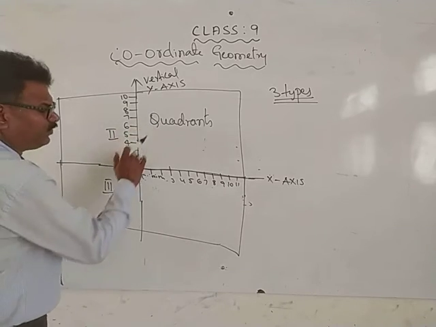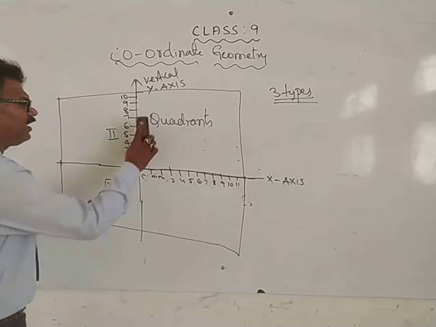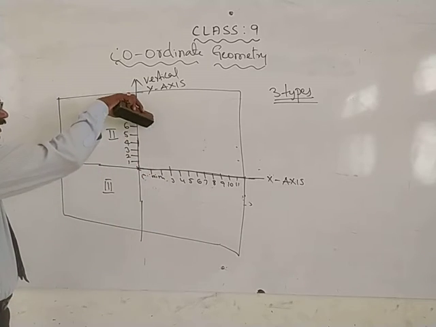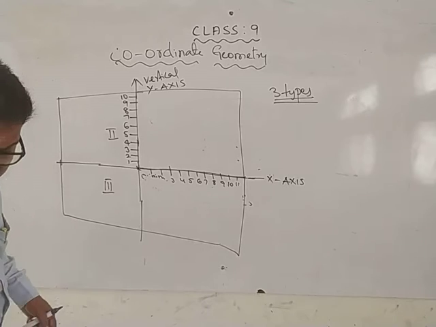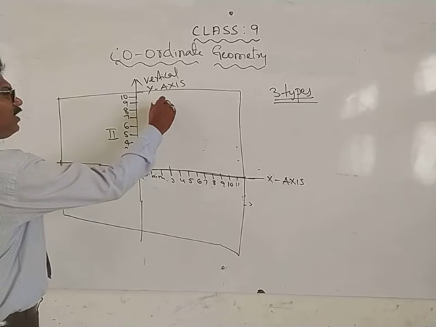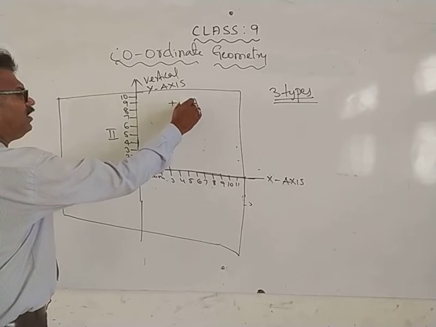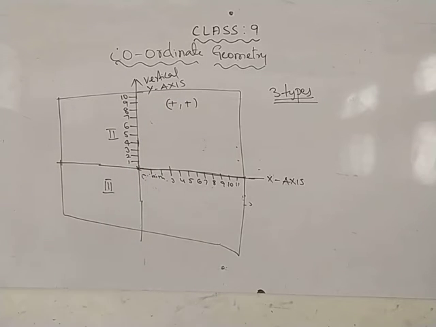If you take the first quadrant, here y is positive and x is positive. Therefore, in the first quadrant, both values are positive.